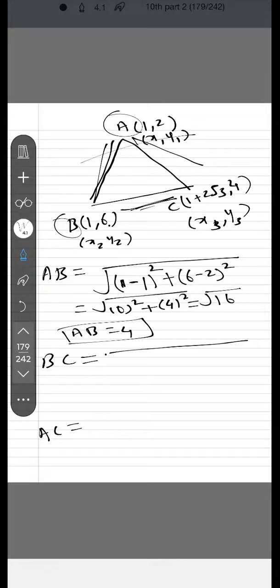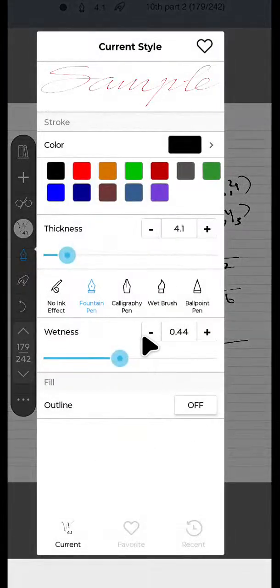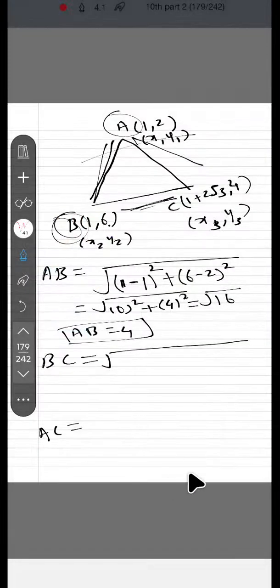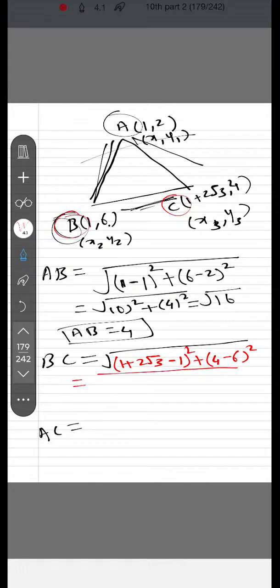Okay, now let's check BC. Here is B. I will change the color of my pen. This is B, and this one is C. BC is equal to the square root of 1 plus 2 square root of 3, minus 1, square, plus 4 minus 6, square.